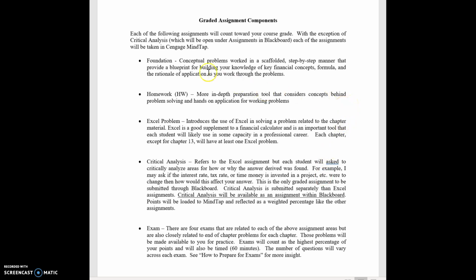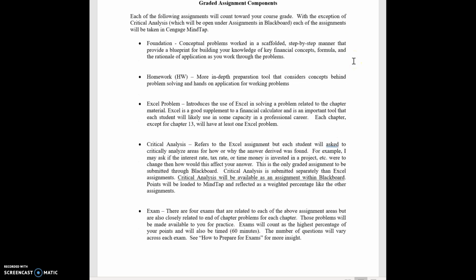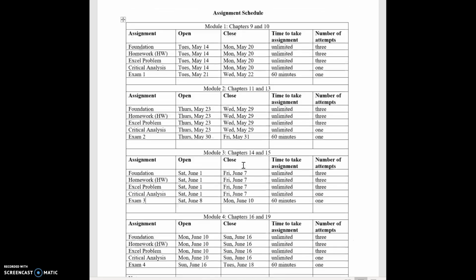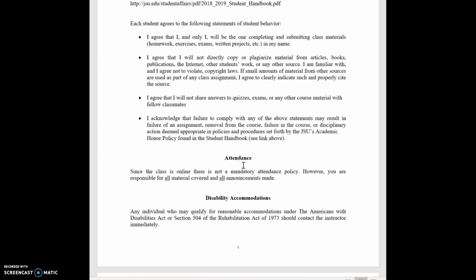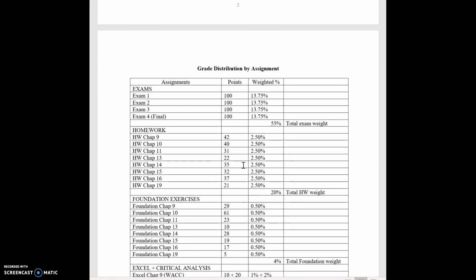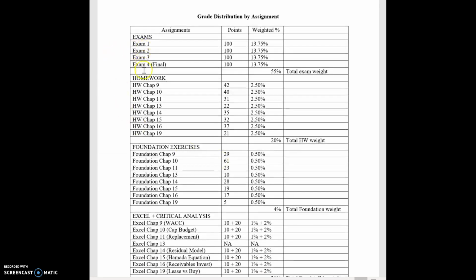So make sure that when you're looking at what you're graded on, these are the areas: foundation, homework, Excel problem, critical analysis, and exam. That goes back to what we considered up here on the grade distribution, where you'll see how it works and how you have each one of these assignments.